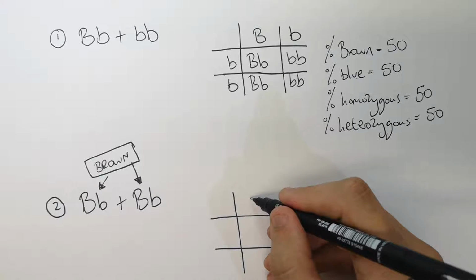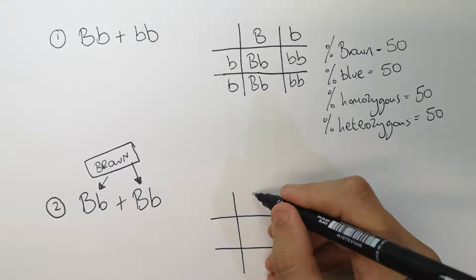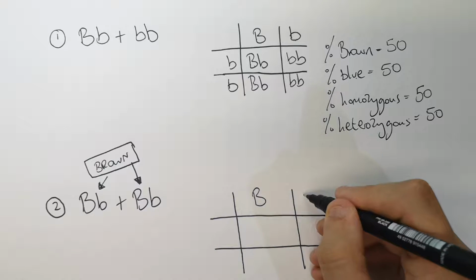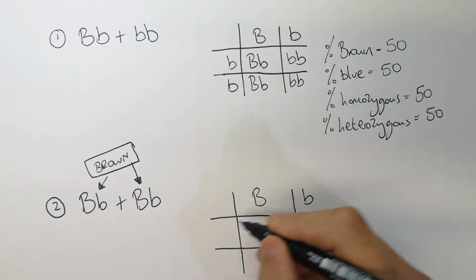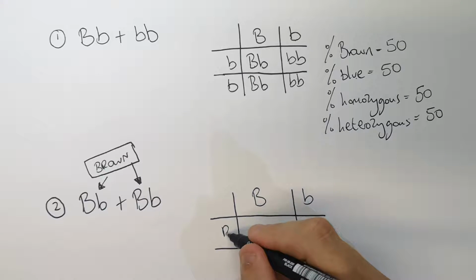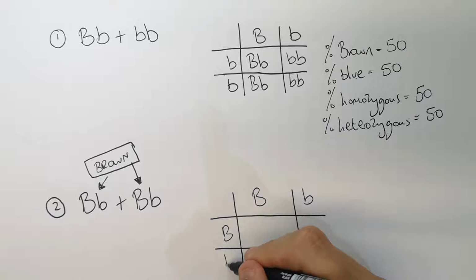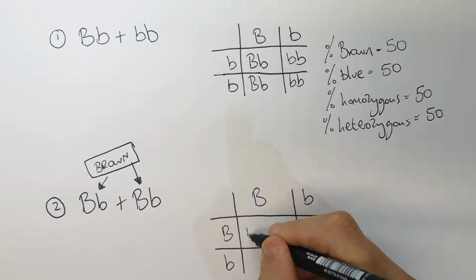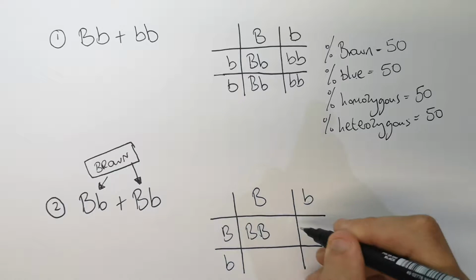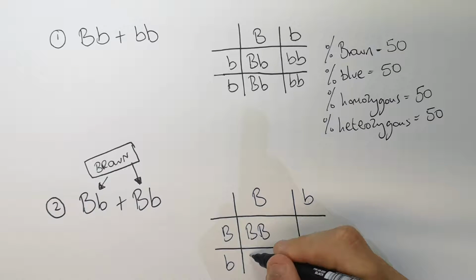So one parent, the father, is going to pass on the big B or his little b allele. So the big B for brown eyes, the little b for blue eyes. Same for the mother. When she's got brown eyes, she's able to pass on her big B brown allele or her little b blue allele. So in this example, the father and mother both pass on their dominant big B alleles.